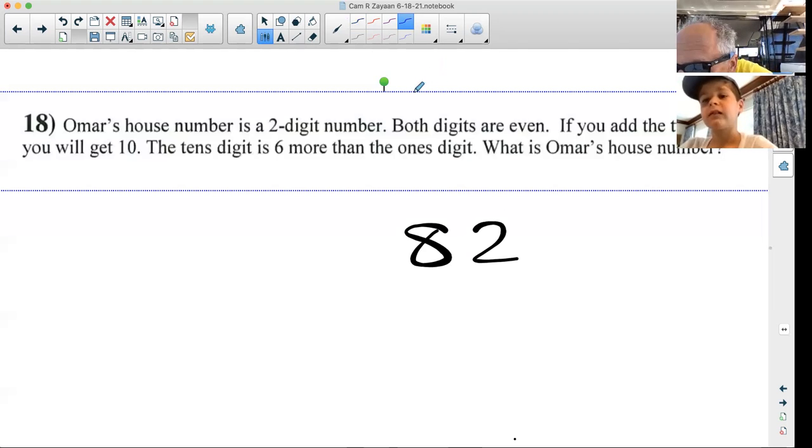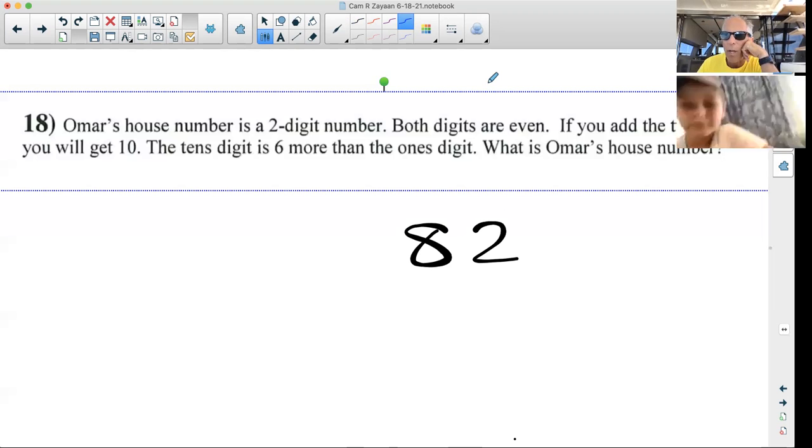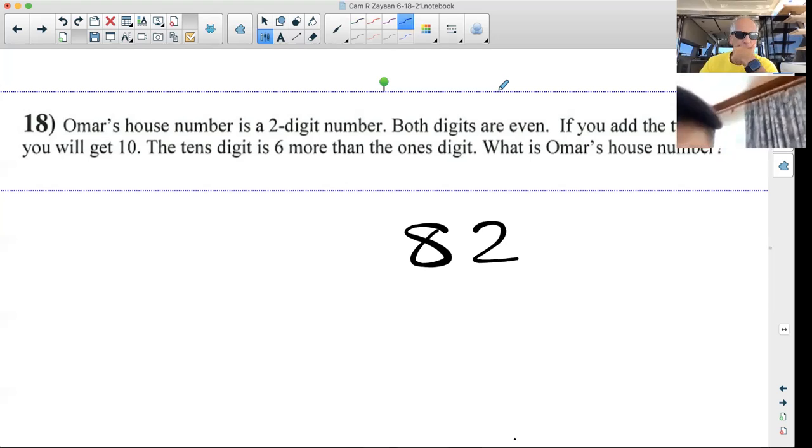Can you go to a quieter room, Cam? Could you go to a quieter room? That way we can do a lot more math. So, you want to go in the library?